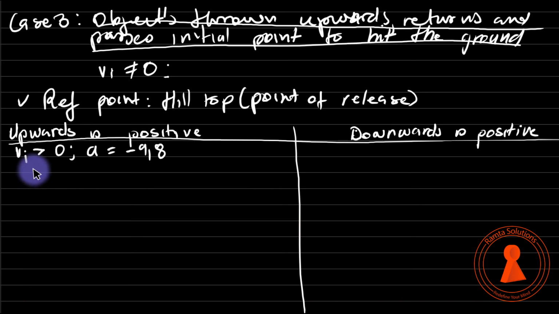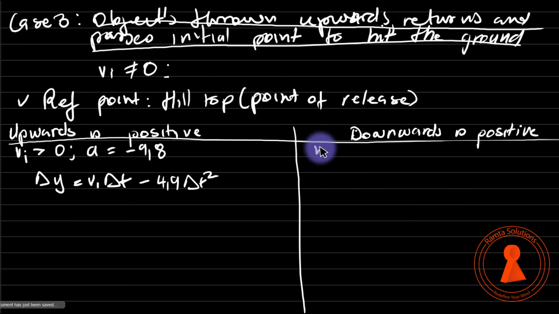So here the reference point is the hilltop, right? The reference point is the hilltop. So here we have delta y equals vi delta t. Remember it was plus half, so it'll be minus 4.9 delta t squared.